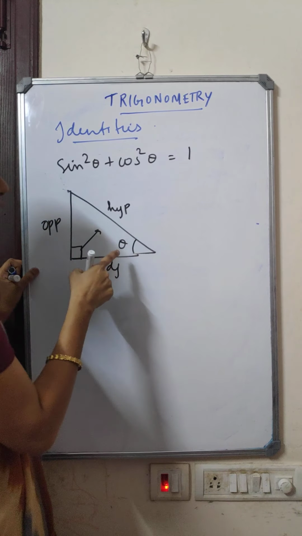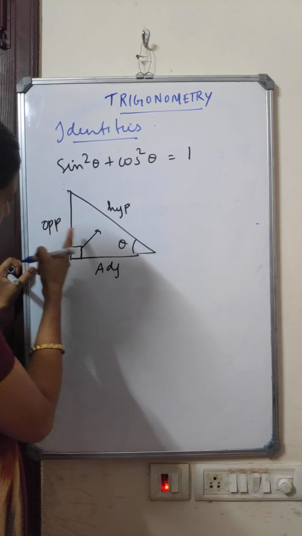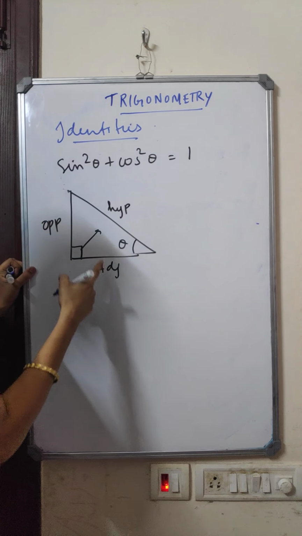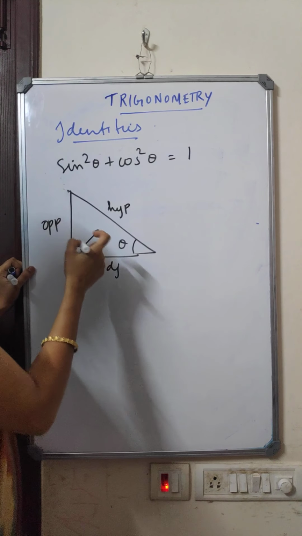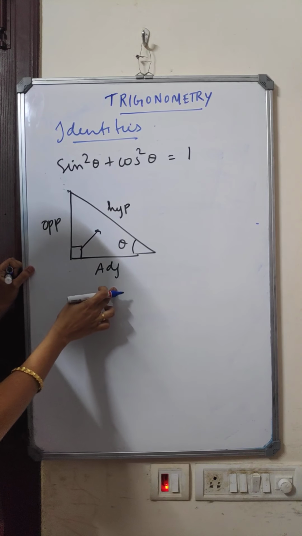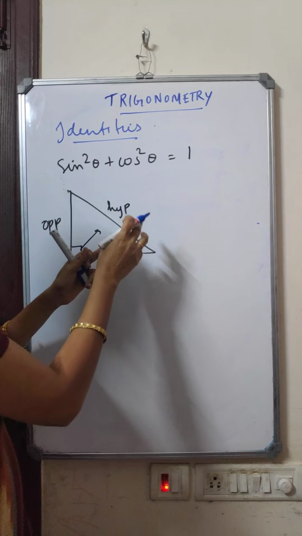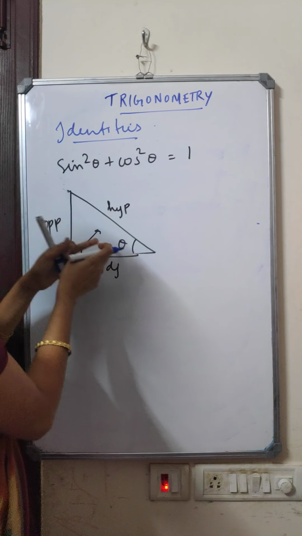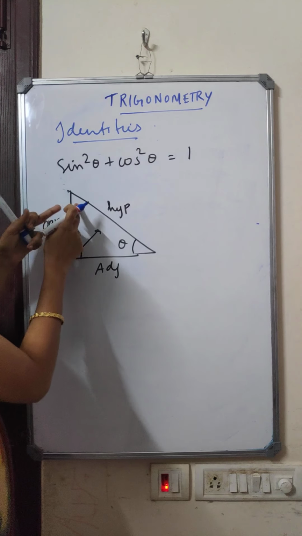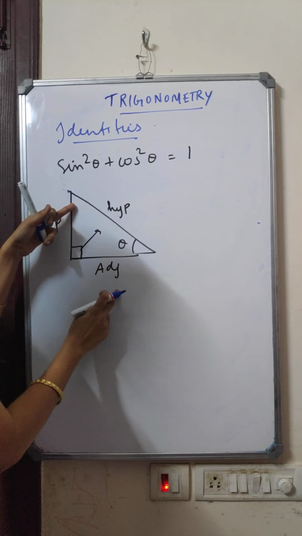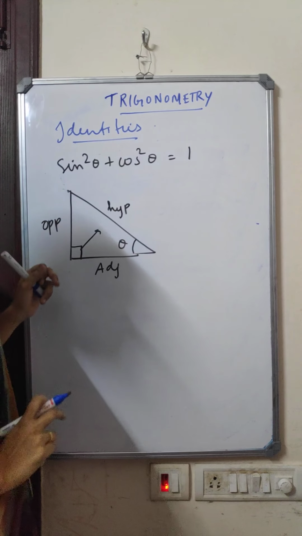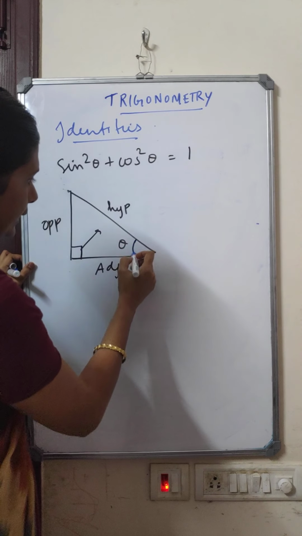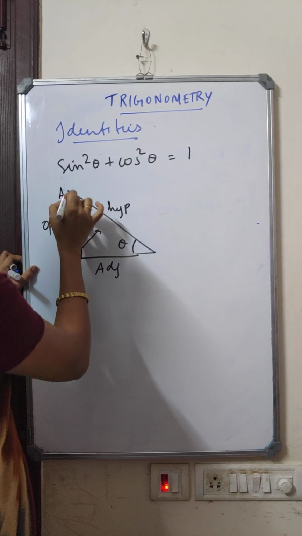First of all, you have to write theta here. So this is theta, opposite is opposite here, and then adjacent and hypotenuse. Wherever theta is written, there the opposite side will be the side facing it. So I place theta over here, then this is the opposite side.